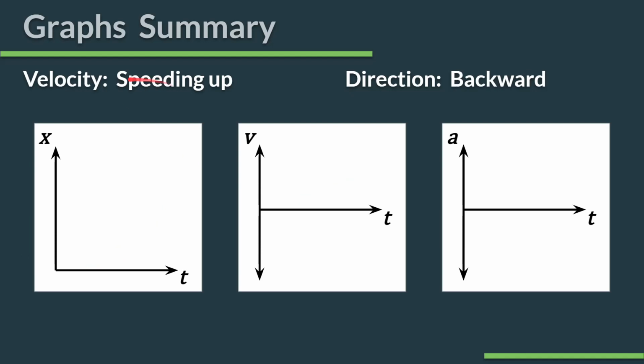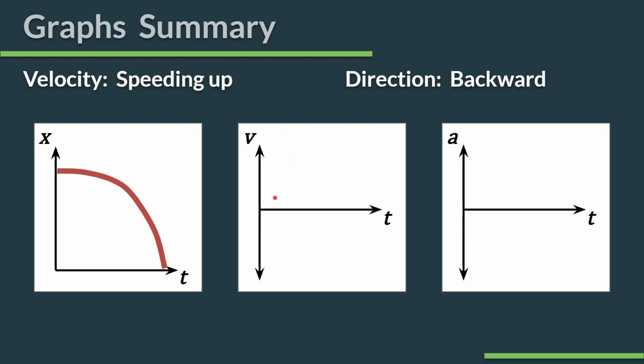All right, speeding up in the backward direction. Again, backwards on an xt graph means a negative slope. But if I want to speed up, my slope has to get steeper. So my curve looks like this. Negative slope. It starts out rather flat and gets steeper and steeper, which means I'm getting faster and faster going in the negative direction.